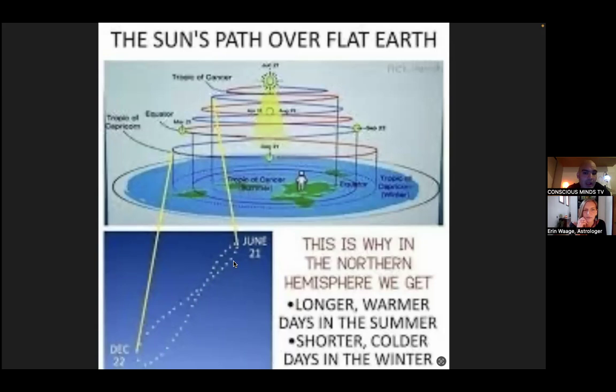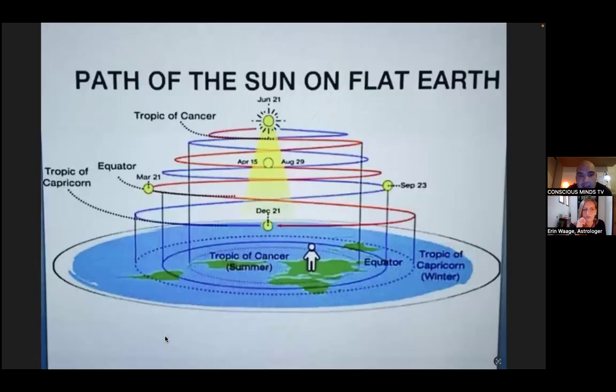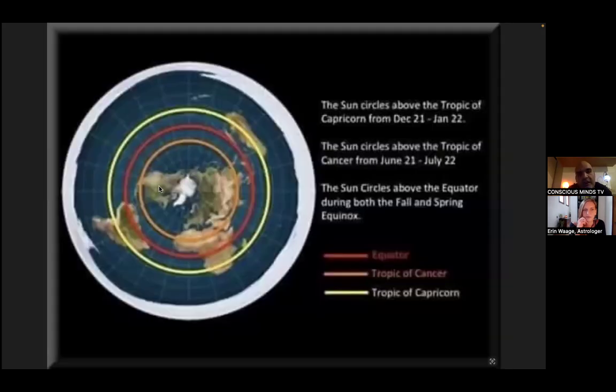And the reason why the top loop is smaller than the bottom loop, right? That is because you can see that the Tropic of Cancer is a smaller loop, whereas the Tropic of Capricorn is a bigger loop, the yellow line. The yellow line is the Tropic of Capricorn, and the orange line is the Tropic of Cancer.